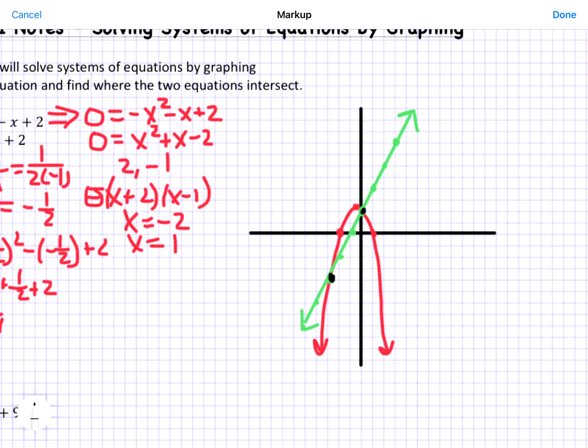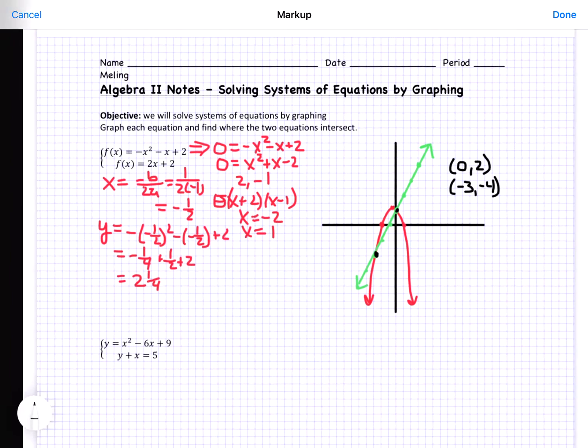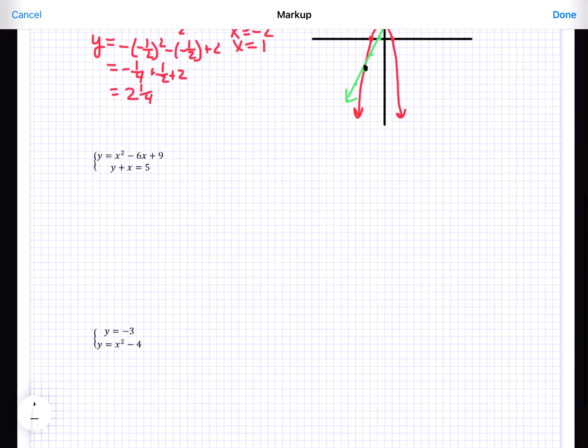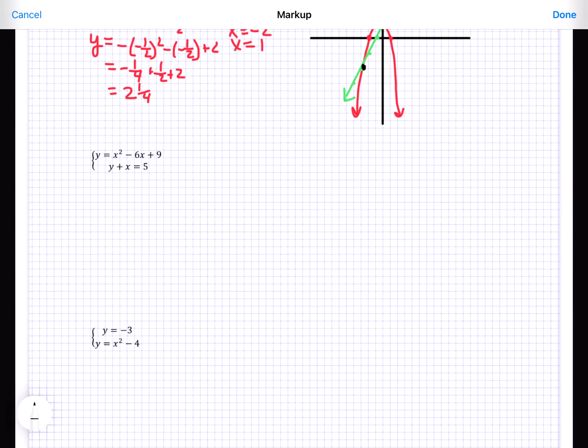So my solutions end up being 0, 2, and it looks like negative 3, negative 4. So when we do graphing, sometimes we're not as exact because none of us are super great at drawing parabolas, but you can kind of see where they hit, and so that's where we list those as our answers for that first one.